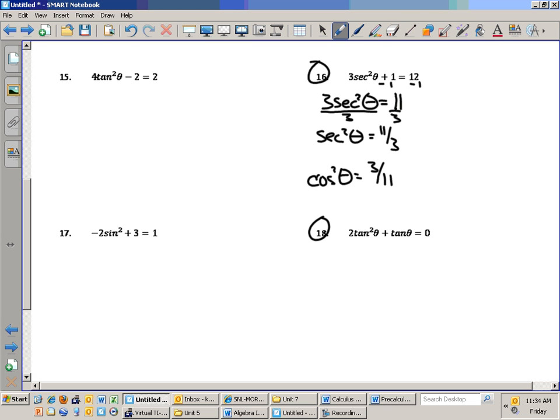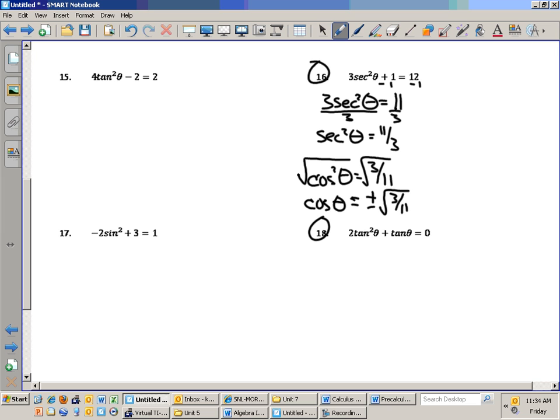So what makes this problem different than the others? It's got a square. So all I do is I square root. So the cosine of theta is equal to plus or minus the square root of 3 over 11. Stop right there. Some people started putting that in simplest radical form.